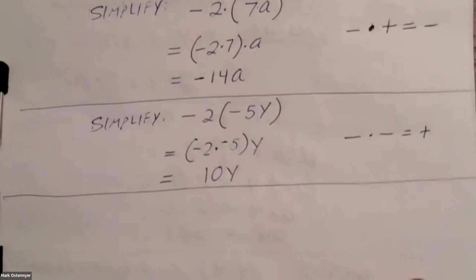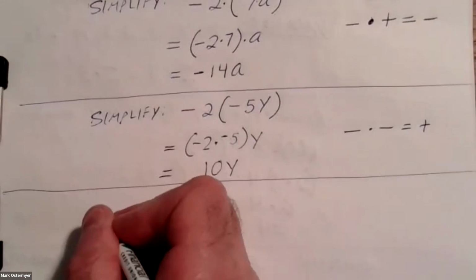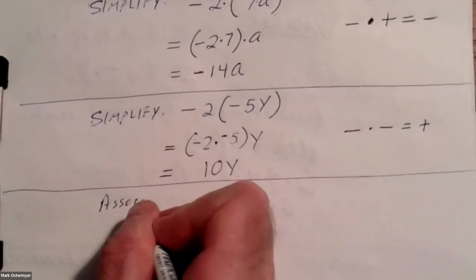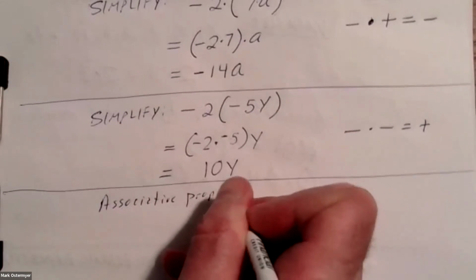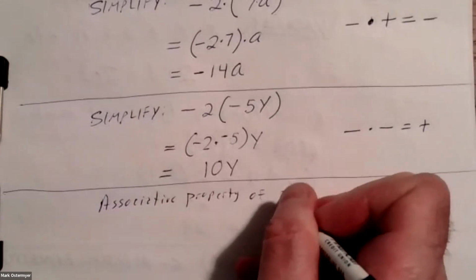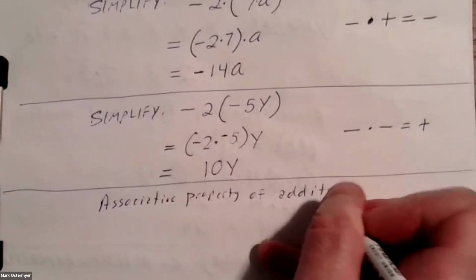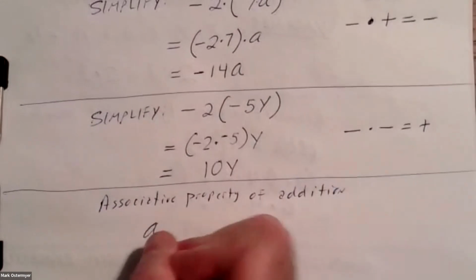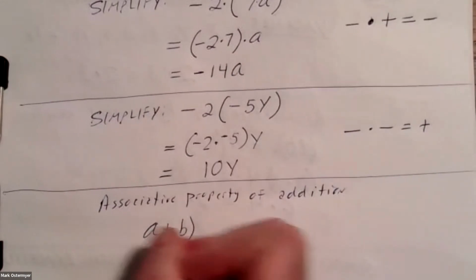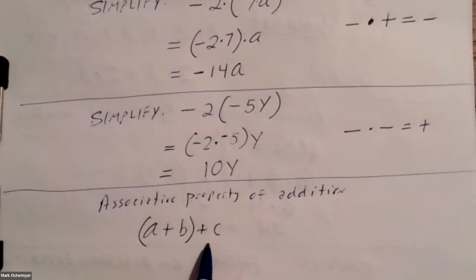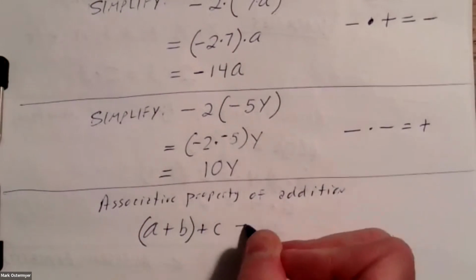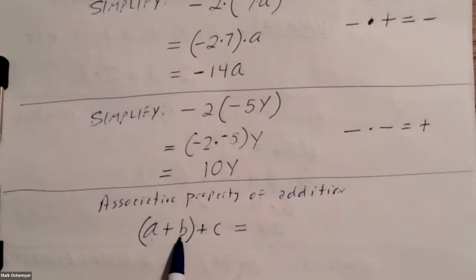Okay. Is this making sense how we're simplifying algebraic expressions here? Yes. Now, ladies and gentlemen, there's also an associative property of addition. Associative property of addition works the same way. It involves 3 numbers and involves parentheses and shifting your parentheses. So if I have a plus b plus c, if I'm adding 3 numbers together, I could first add a and b together first and then add that sum to c.